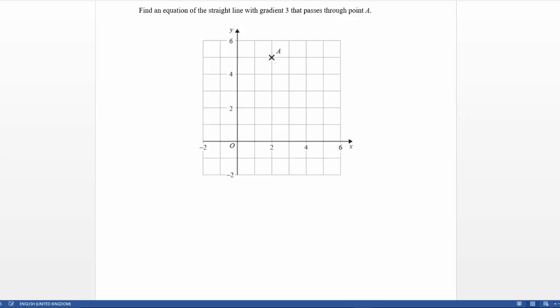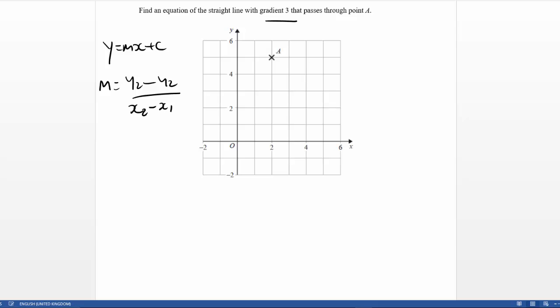Find an equation of the straight line with gradient 3 that passes through point A. Okay, so they've been quite generous with this question. They've already given us the gradient, okay? But let's just state our formulas here. So y equals mx plus c. If we're trying to find out what m is, you need to know these off by heart.